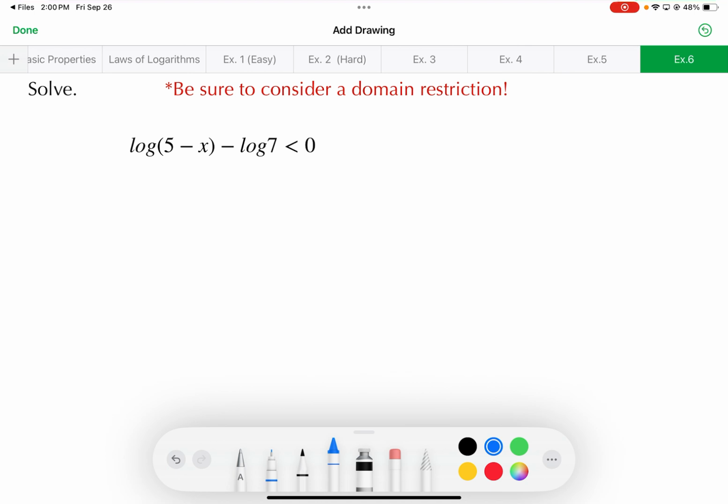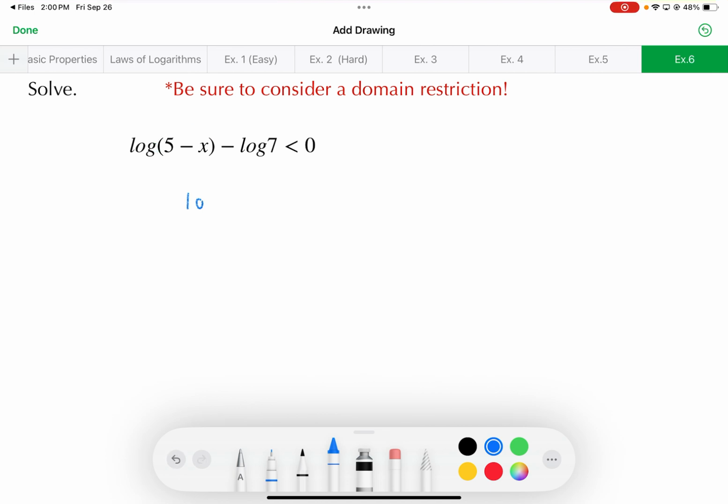Well, we have to be mindful, maybe some of those values end up making this negative. If so, we'd have to throw them out. Just like when we are solving our equations, sometimes we get an extraneous solution that has to be thrown out, right? So it's no different here with an inequality, okay?